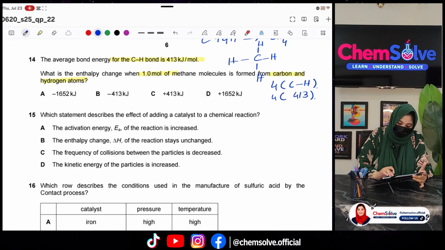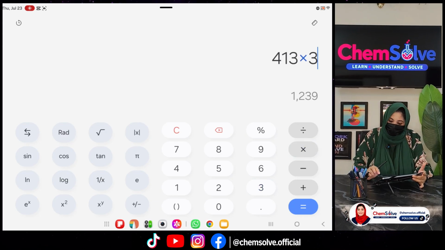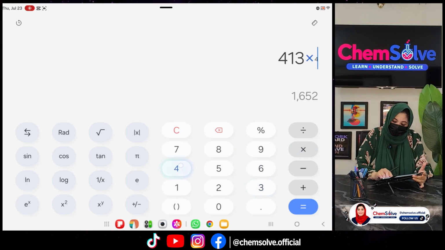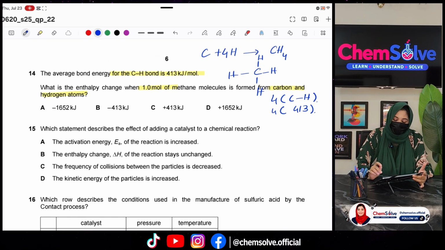So how much energy? Let's calculate. 413 multiplied by 4. So this is 1652. So 1652 for question number 14.